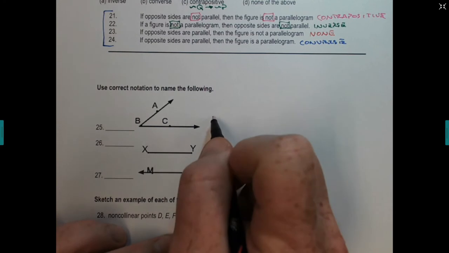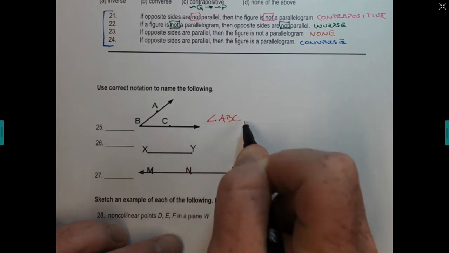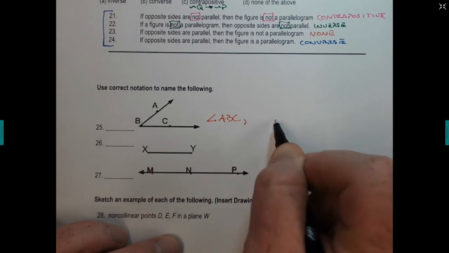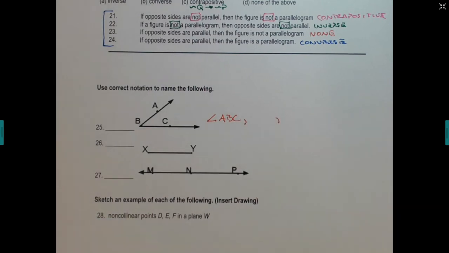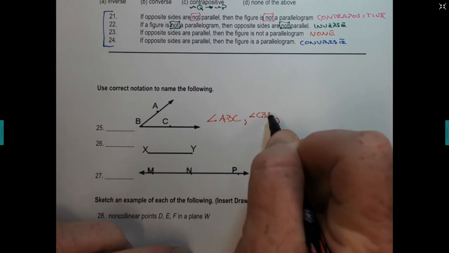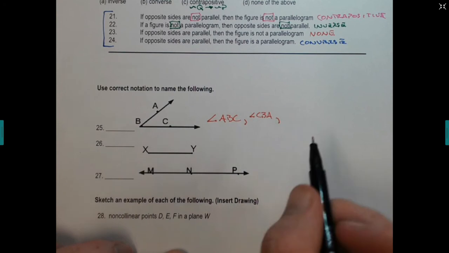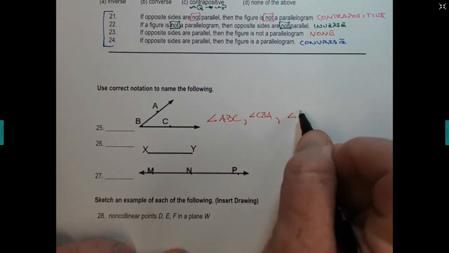If you put the angle symbol and you said ABC, that is one answer. There are actually two more possible names, Casper. Like angle CA? That is another name. What's the third one, Casper? Angle B? Actually, yes. Since there's only one angle here, you can call this angle B.